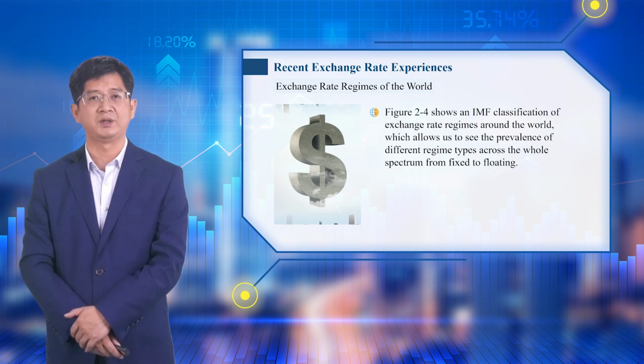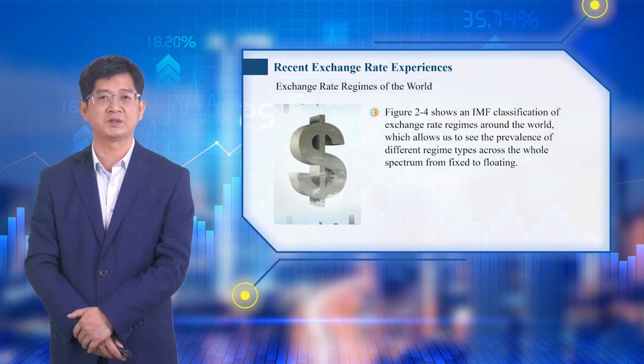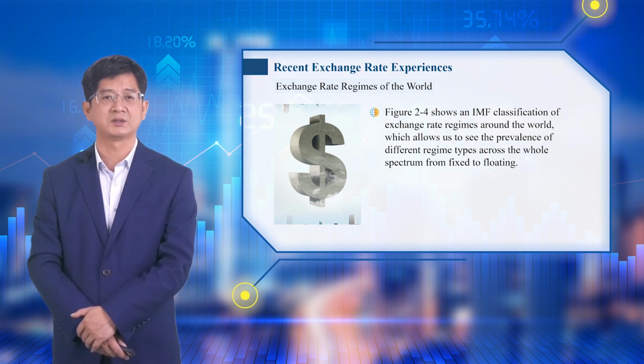2.2.3 Exchange rate regimes of the world. Figure 2.4 shows an IMF classification of exchange rate regimes around the world, which allows us to see the prevalence of different regime types from fixed to floating.